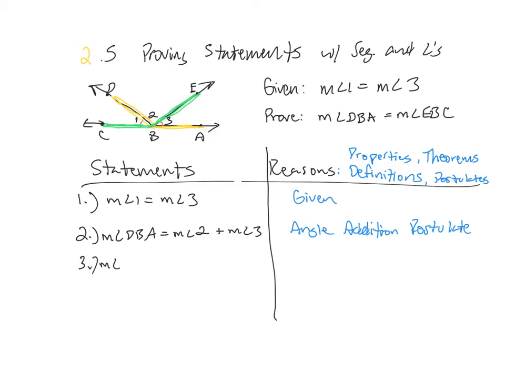So measure angle EBC equals the measure of angle 1 plus the measure of angle 2. And that is also, and you can abbreviate, angle addition. So in the end, I need to say that that and that are equal.